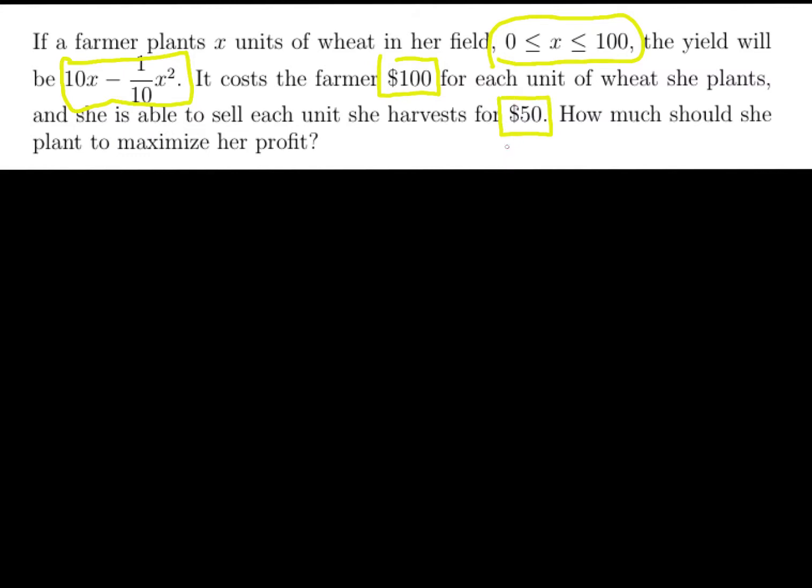So let's put down our facts. A constraint we already have is that 0 is less than or equal to x less than or equal to 100. We know that the yield is 10x minus 1/10 x squared.